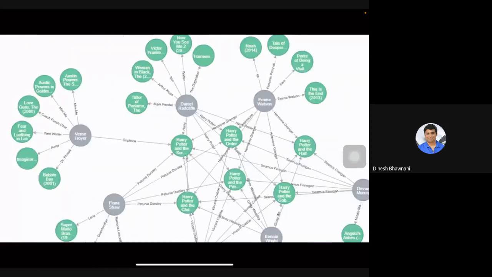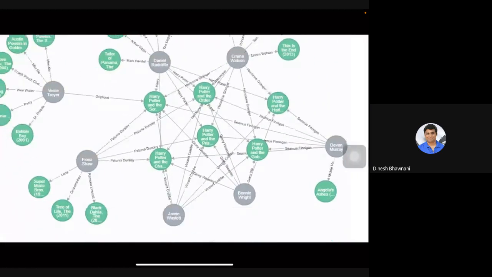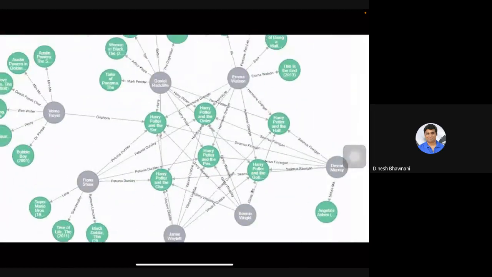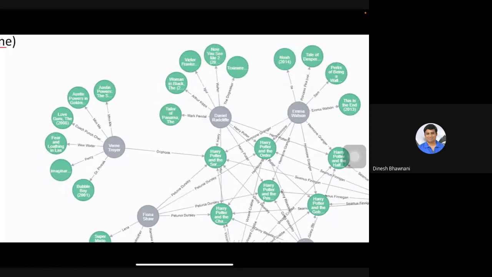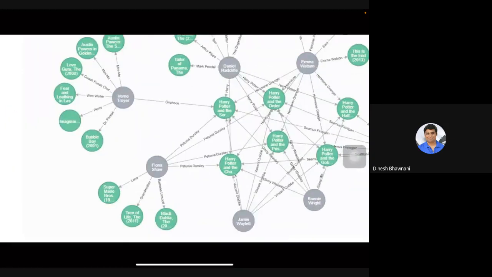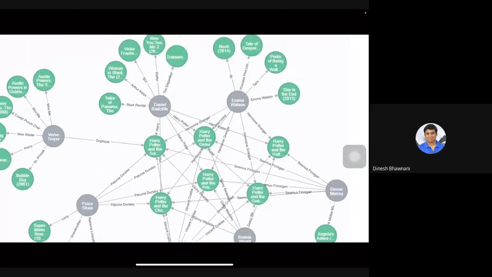Then you'll get something like this. Second degree connections. A lot of names are here.